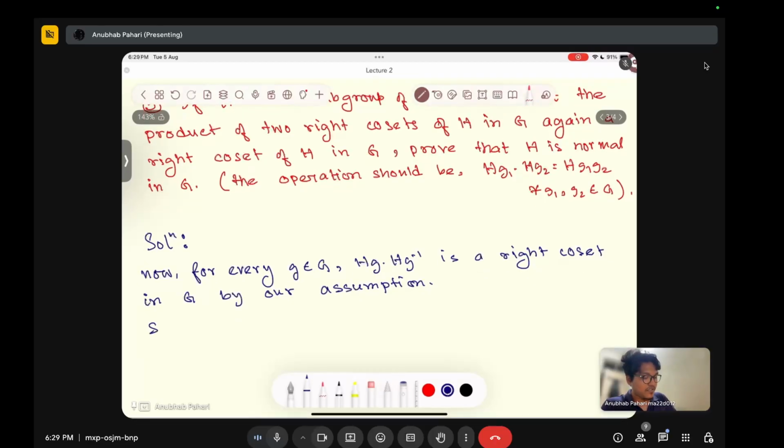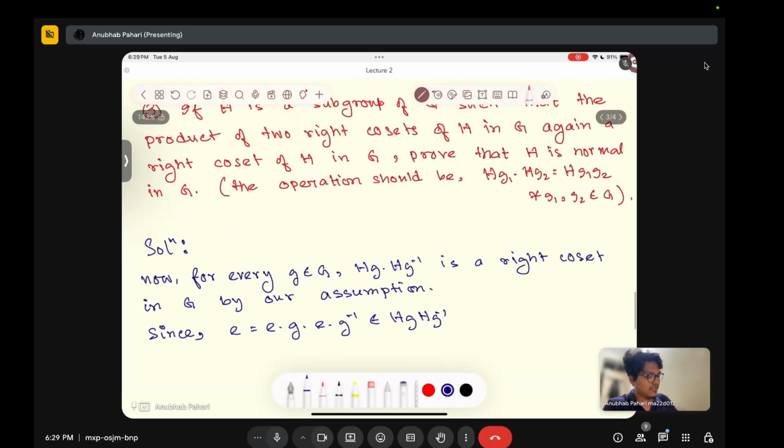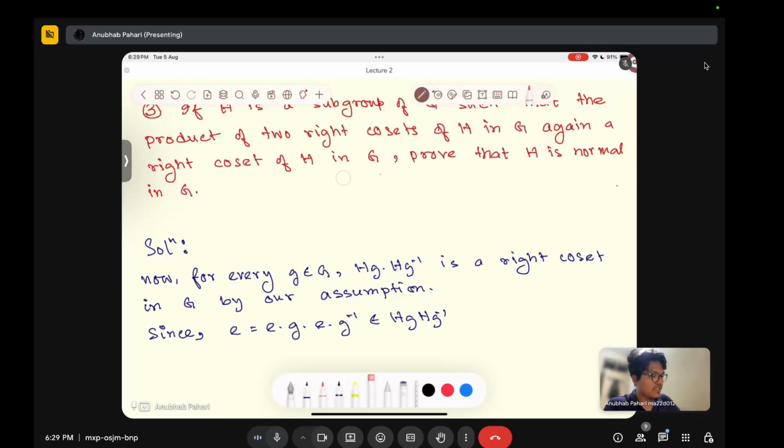So since e equals e dot e g inverse, you can see that this part belongs to Hg, and this part belongs to Hg inverse, so they belong to Hg inverse. Actually this is not needed, I don't have to define this, I'll come to it later.